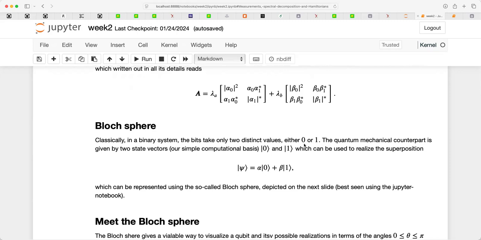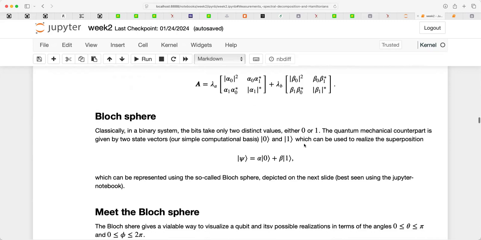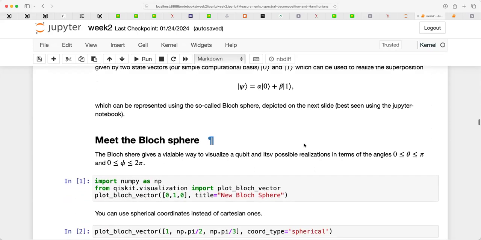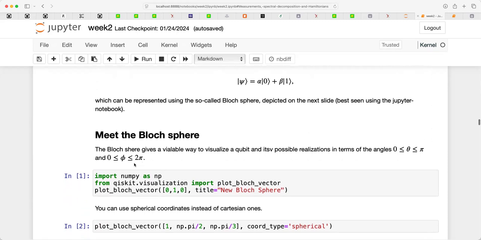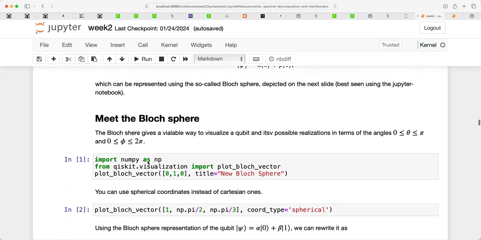And this is going to be an exercise a little bit later: we can rewrite these complex coefficients in terms of the angles theta, the polar angle going from 0 up to pi, and phi, the azimuthal angle.